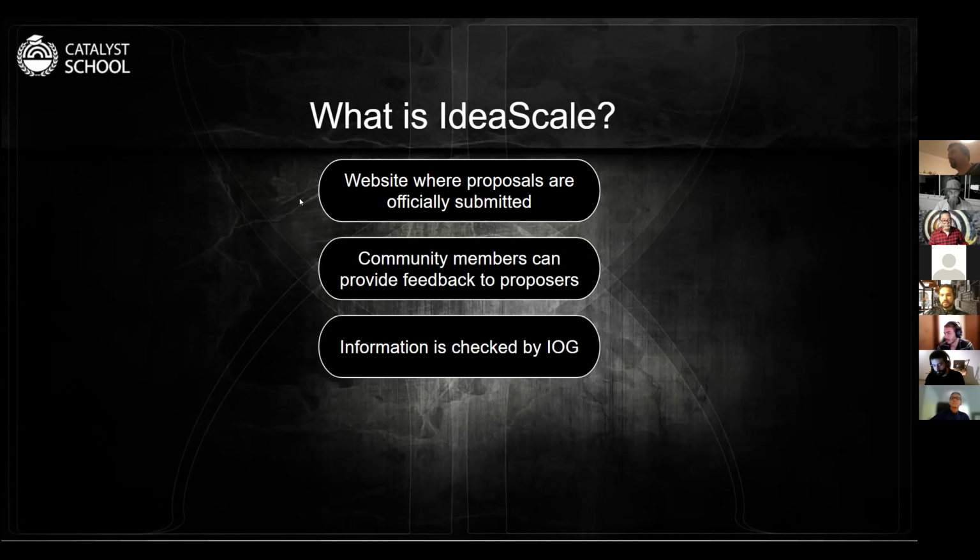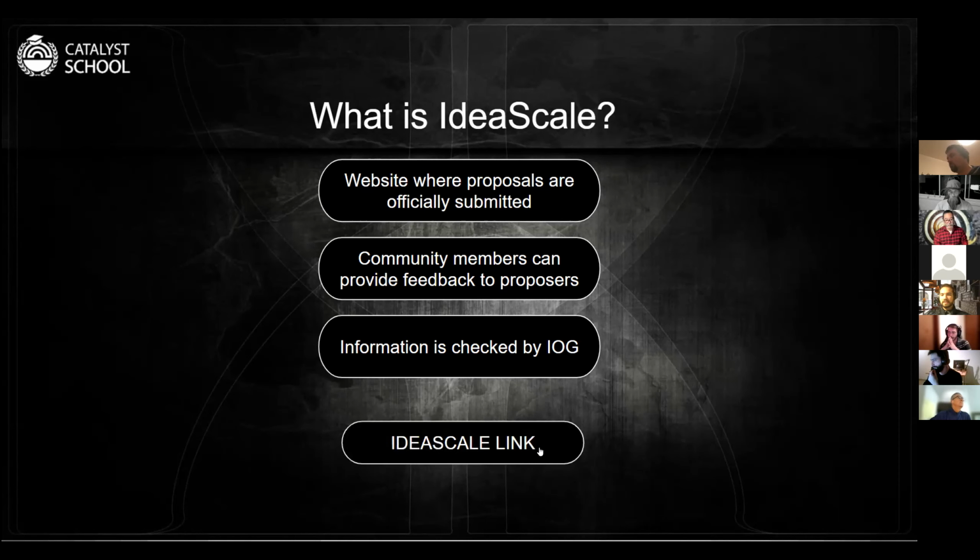And all the information that is there is checked by IOG. So this is not a community-made platform as most of the other platforms that we have. You can always talk to the community to better understand them, or directly to IOG.